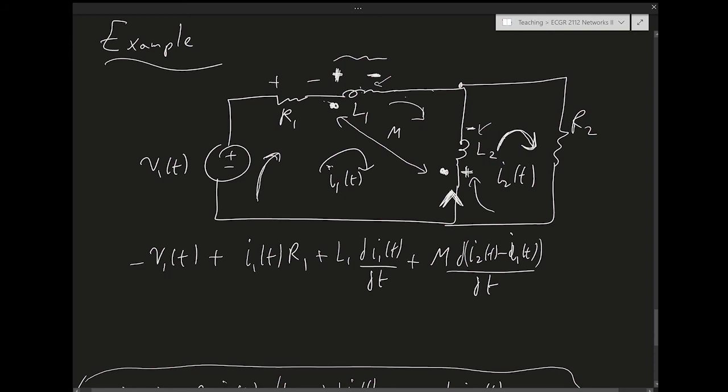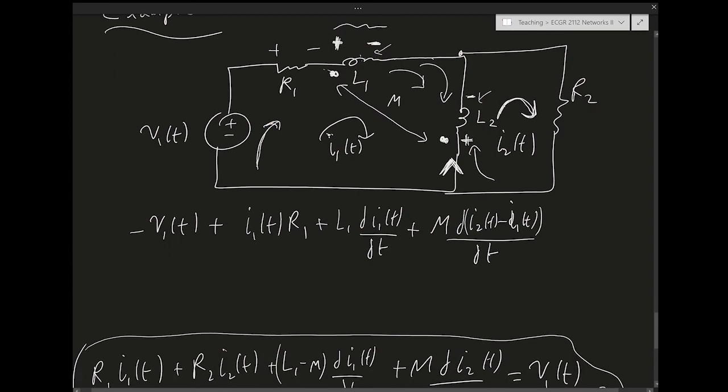And then I need to move here into this branch. Okay, so now I need to add the voltage. The KVL voltage that I'm calculating is going to be this KVL voltage.